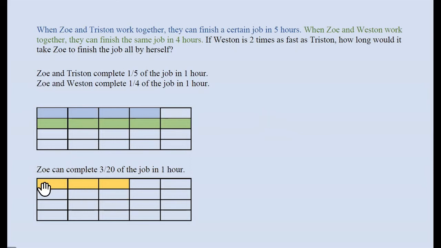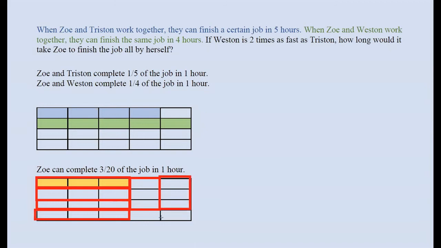Now, I'm going to use this picture to decide how long it would take Zoe to finish the whole job. Well, it's not too bad. If she takes 1 hour to do 3 cells, she will need 1 hour, 2 hours, 3 hours, 4 hours, 5 hours, 6 hours. Certainly she will need 6 hours.